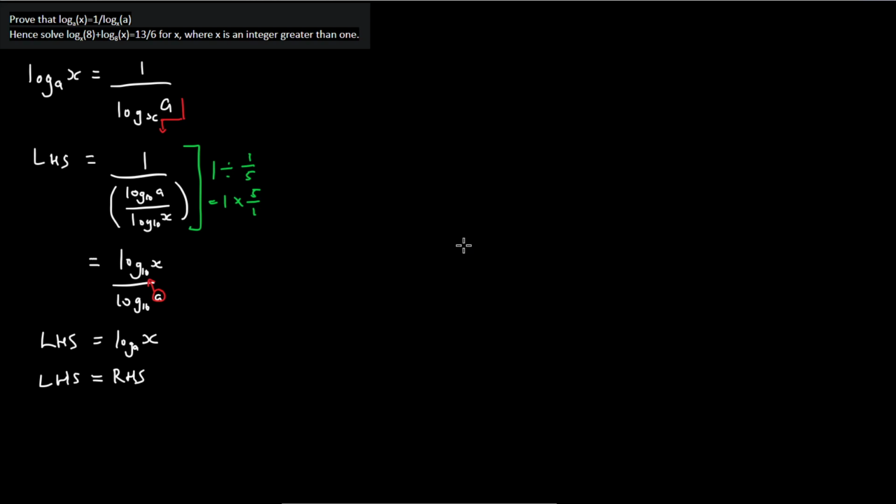Hence solve log base x of 8 plus log base 8 of x equals 13 on 6, where x is greater than 1 and it's an integer. So x also is an element of the integers there.